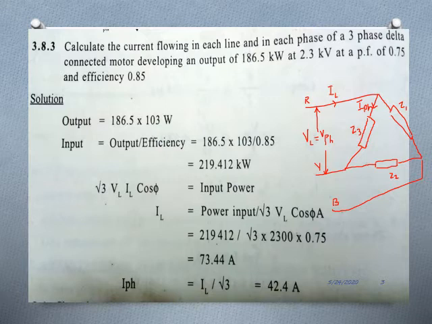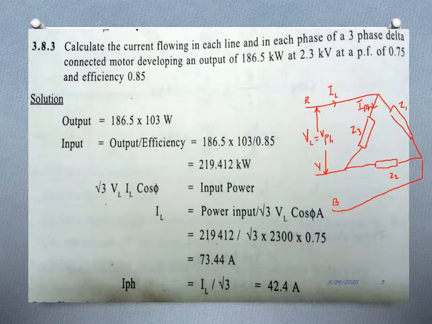In order to get the line current, you have to take the 3-phase input power equation. The 3-phase input power equation is root 3 times VL IL cos phi, or you may write this equation as thrice VPH IPH cos phi also. Since the values given in the question are line values, we can use this root 3 VL IL cos phi equation itself. So from this equation you can find what is IL.